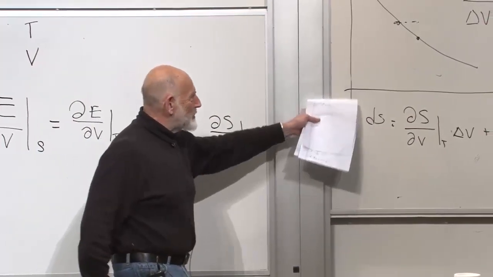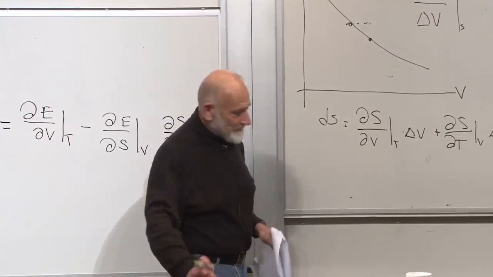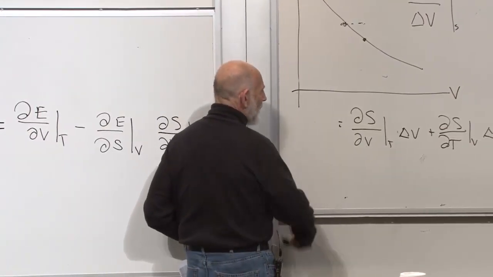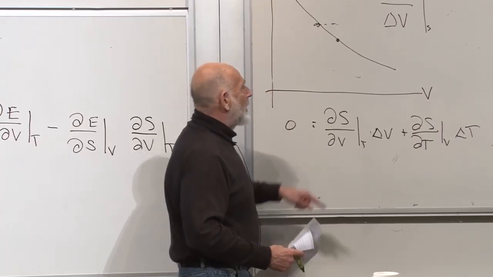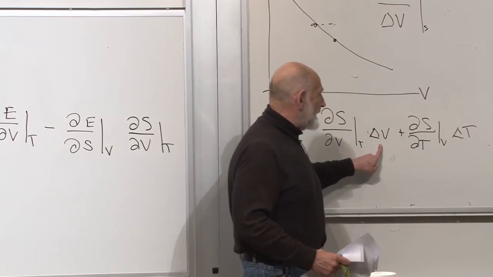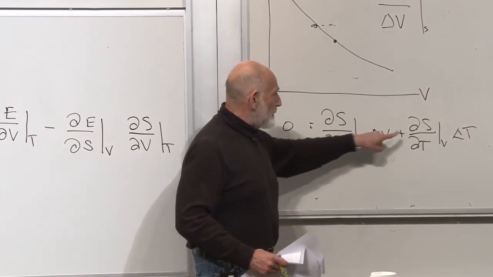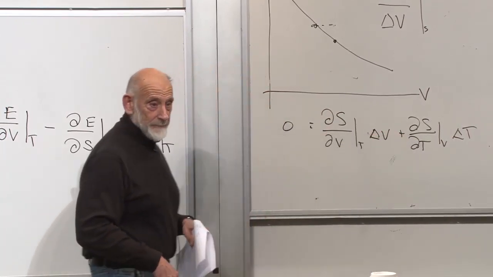It's the definition of the line. So let's make this equal to 0. And now we're going to be able to get a formula for delta T by delta V in terms of these partial derivatives. You see where I'm going?